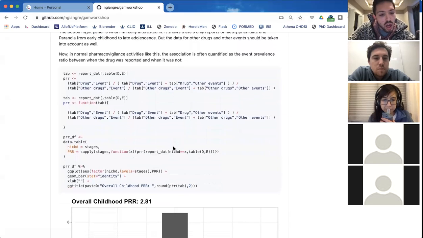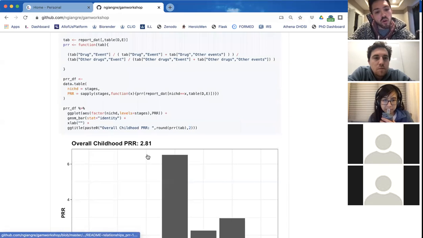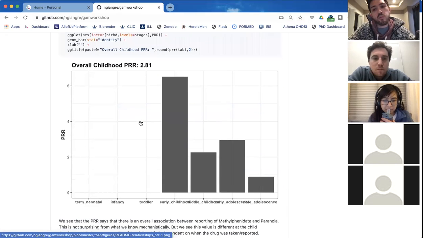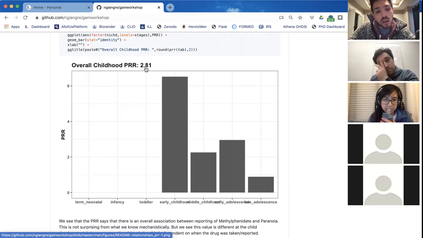And so you can see I'm just taking ratios here. The PRR is called the proportional reporting ratio, and it is the ratio of the event prevalence with the drug and without the drug. On top, I show the prevalence. The PRR value is 2.8, so that's showing there's a higher event prevalence with the drug than without the drug, almost 3 times more.